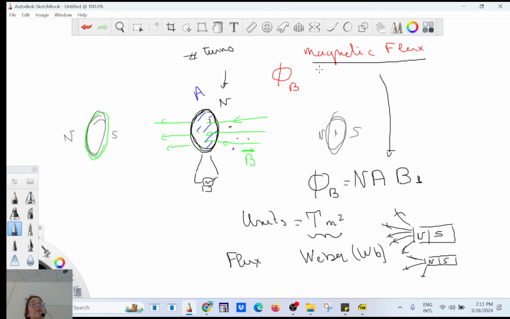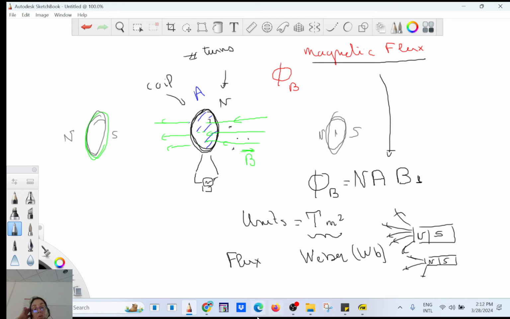So again, what's the magnetic flux? It's the number of lines poking through an area, the area that you attach to your coil. So this is a coil. Is that clear?